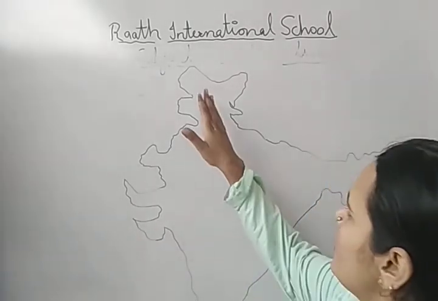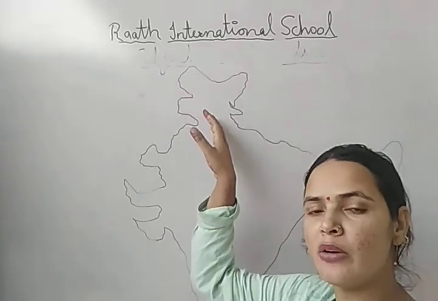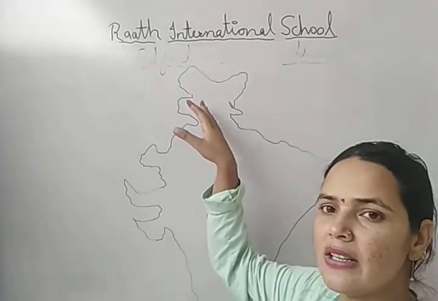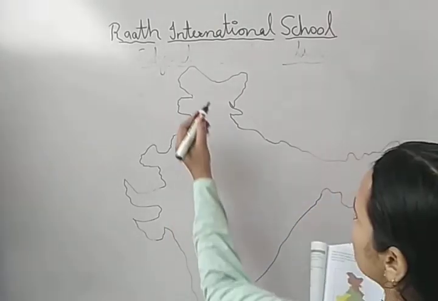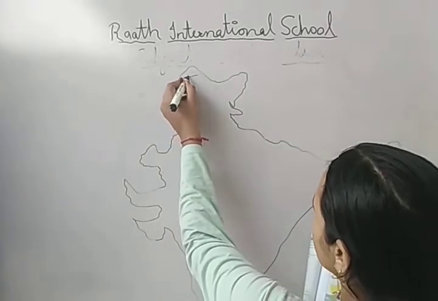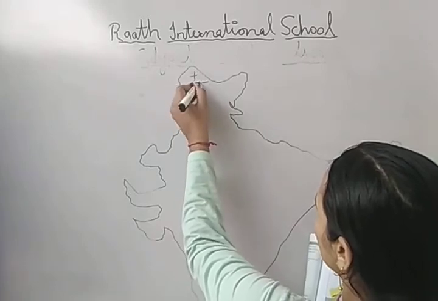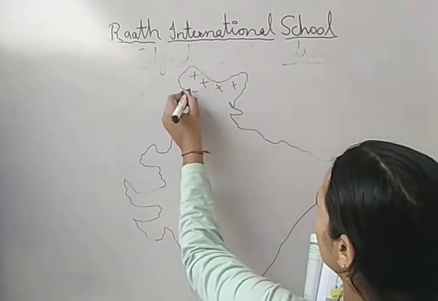So first, in the northern part of our country, we know that there is the distribution of mountain soil. So we will use different kinds of symbols. So let's use this symbol for the mountain soil.